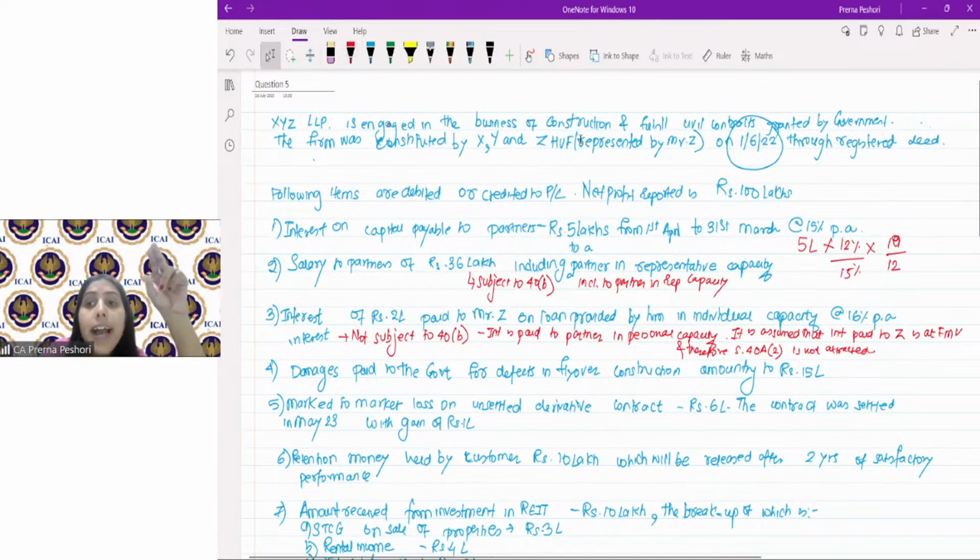Profits are not defined anywhere. The answer is clearly no. So profit and gains means determined as per the commercial accounting principles.